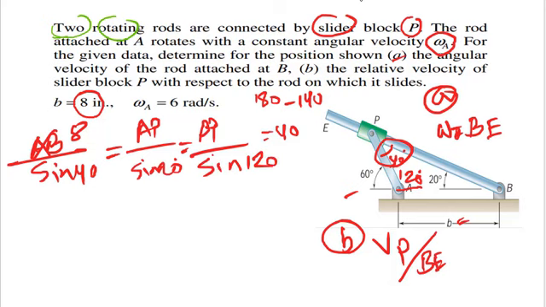After calculating, we'll easily get AP and also BP, right?